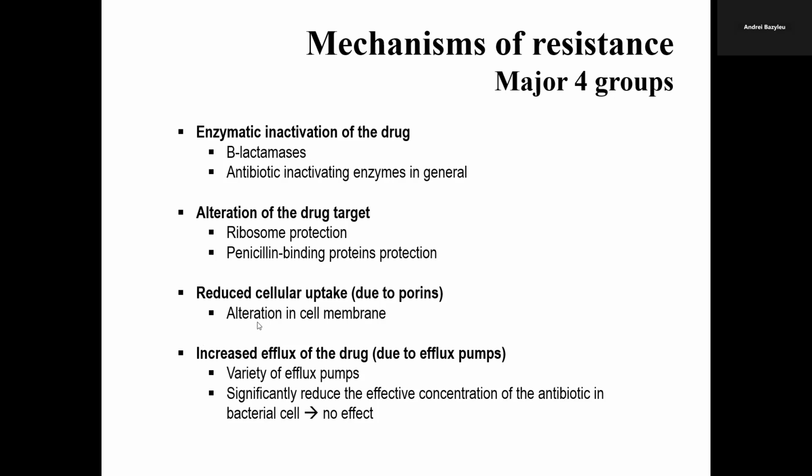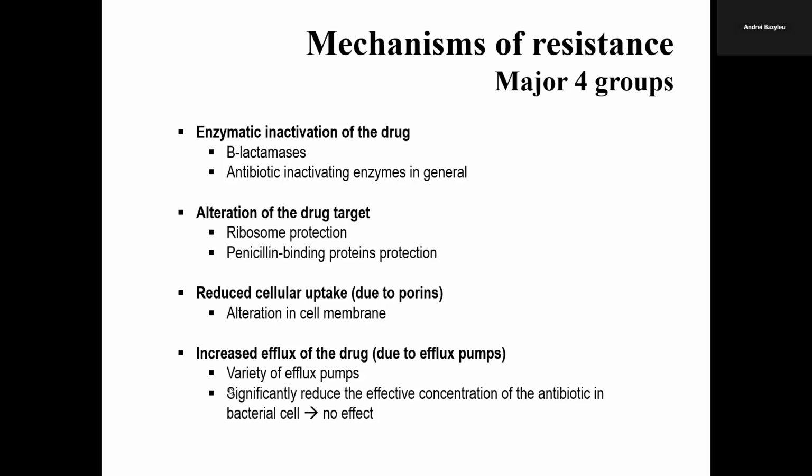So bacteria that show enzymatic inactivation of the drug are the ones that give us the most trouble in clinics. Bacteria with this resistance usually cause severe infections that are hard to treat because of resistances.